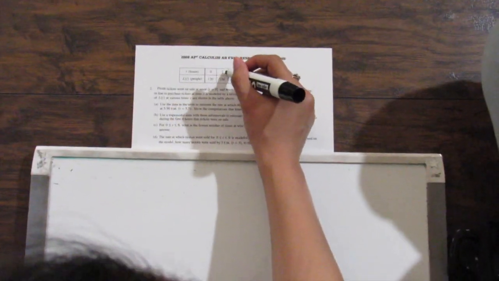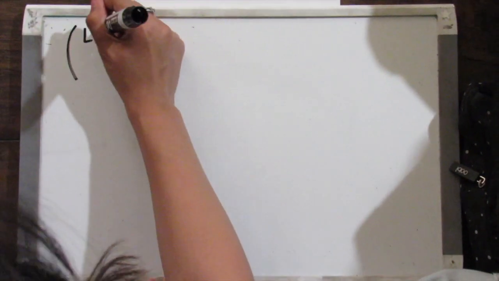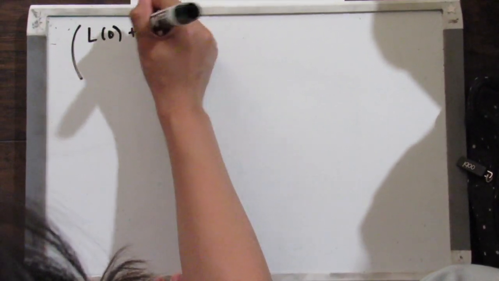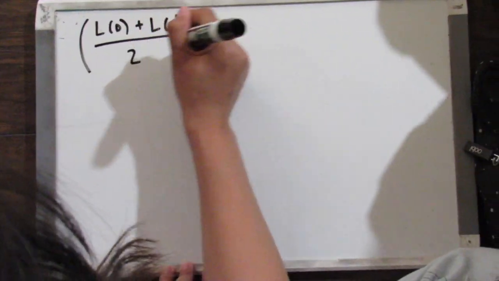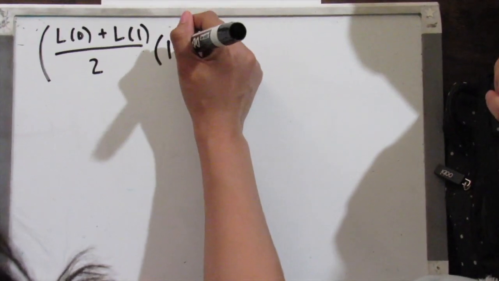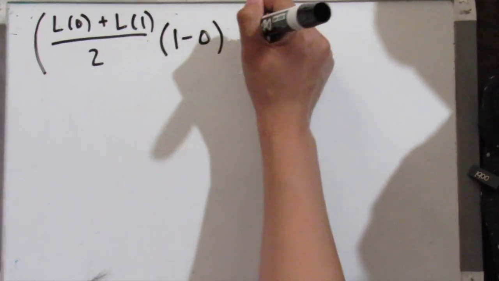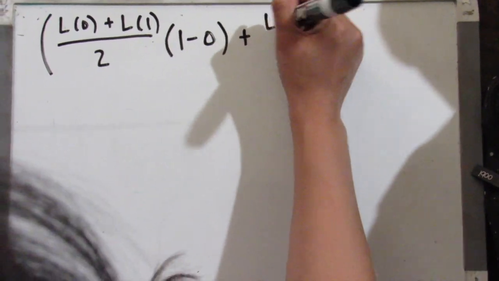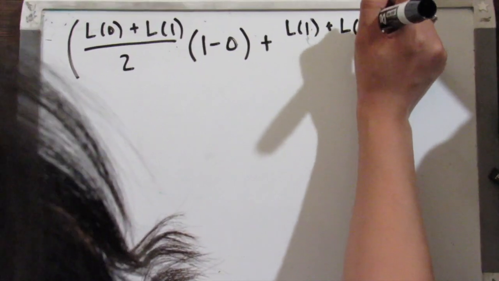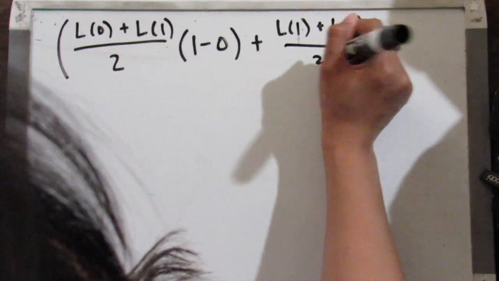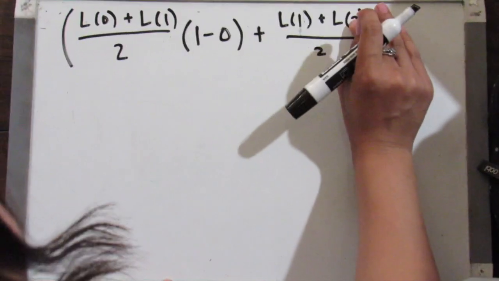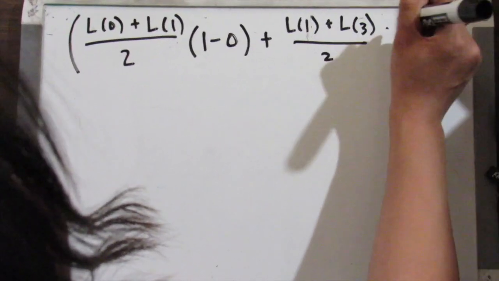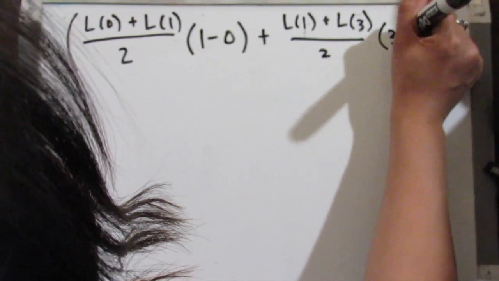So you would take the numbers from these 3 intervals, and then you would add the number of people at time 0 plus the number of people at time 1, and then divide it all by 2. And then you would divide it by the time that has passed, which is 1 minus 0. And then you would add the amount of people at time 1 plus the amount of people at time 3 and divide it by 2. And then you would multiply it by the amount of time that has passed, which is 3 minus 1.